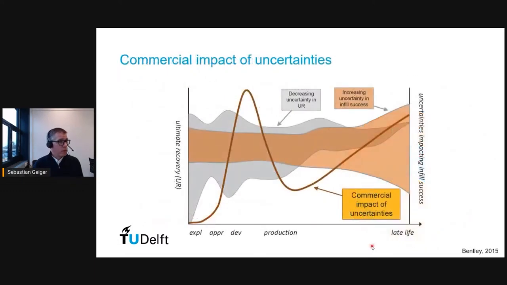One is the commercial impact of uncertainty. This is from Mark Bentley's book. Here we have the ultimate recovery throughout the lifetime of a hydrocarbon reservoir, from exploration to appraisal, development, production, and late life. Ultimate recovery in gray: when we do the exploration, we don't know how much oil and gas we're going to recover, so there's a huge range of uncertainty.